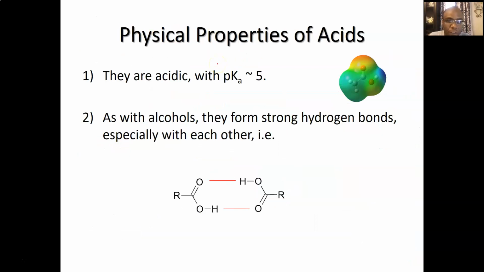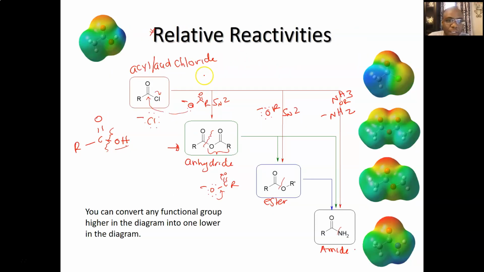So if you were to rank reactivity, the acyl chloride will be more reactive than the anhydride, and the anhydride will be more reactive than the ester. The ester is more reactive than the carboxylic acid.